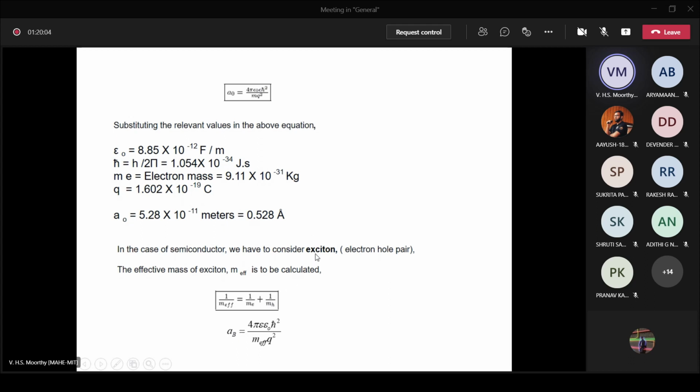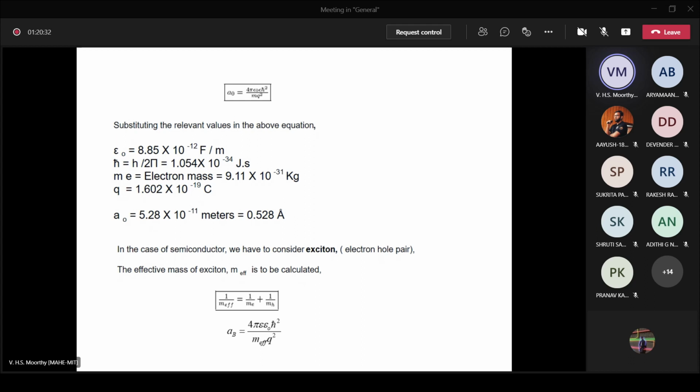We are utilizing the exciton Bohr radius aB equal to 4 pi epsilon 0 epsilon h cross square by m effective q square. Understand now? So now we are coming to the real world situation wherein we created an exciton in the semiconductor by absorbing some optical energy.